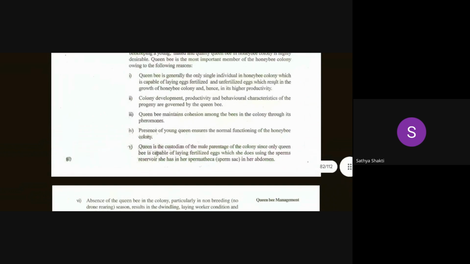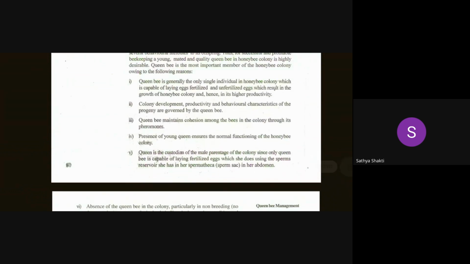We already discussed these things about the importance of queen. There will be only one individual which lays fertilized eggs, and also sometimes unfertilized eggs while in the reproductive phase, when the drone is required.